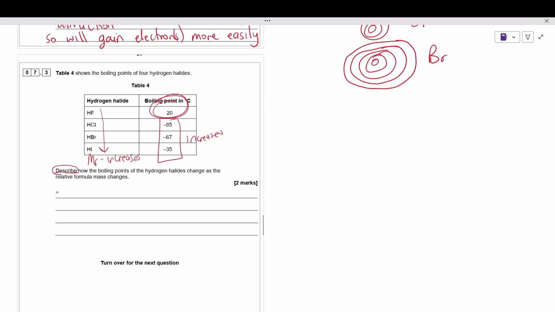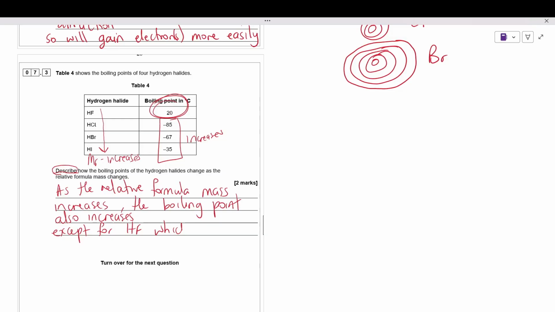So if we're going to describe what is happening, as the relative formula mass increases, the boiling point also increases, except for hydrogen fluoride, which does not follow this trend.